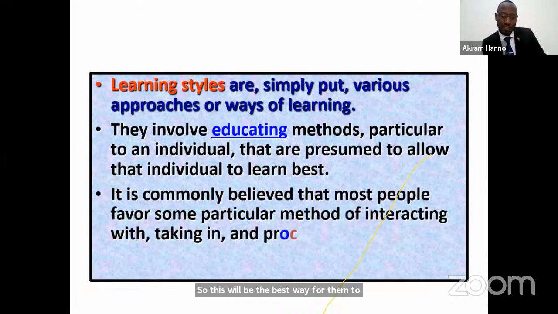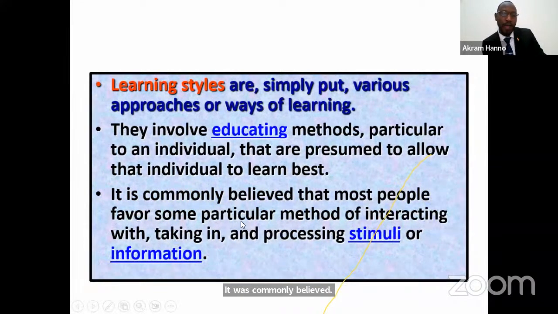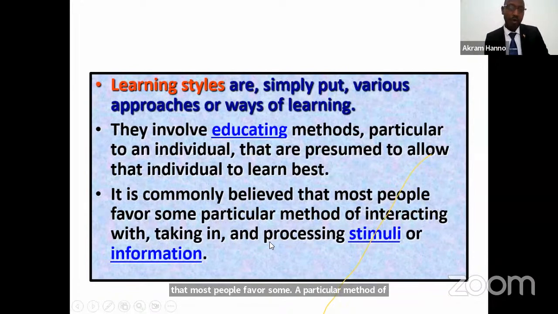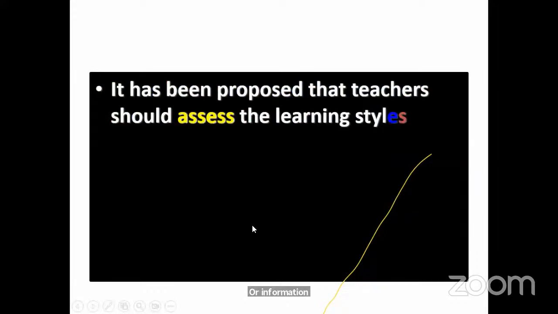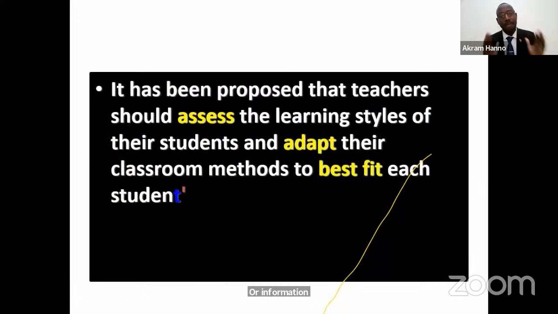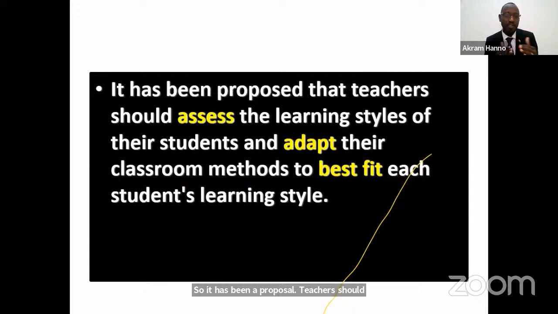It is commonly believed that most people favor some particular method of interacting with, taking in, and processing stimuli or information. So it has been proposed that teachers should assess the learning styles of their students and adapt their classroom method to best fit each student's learning style.